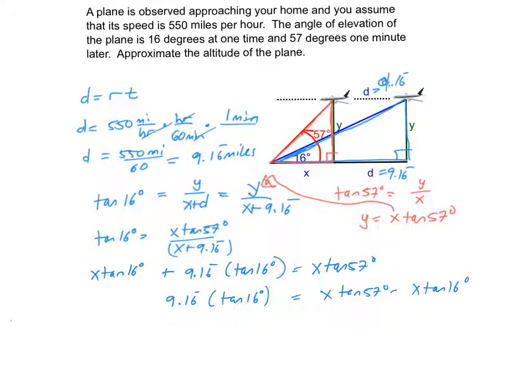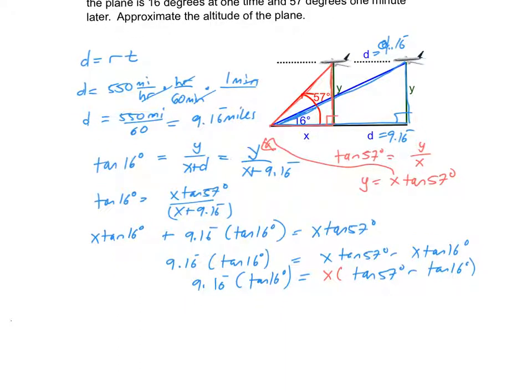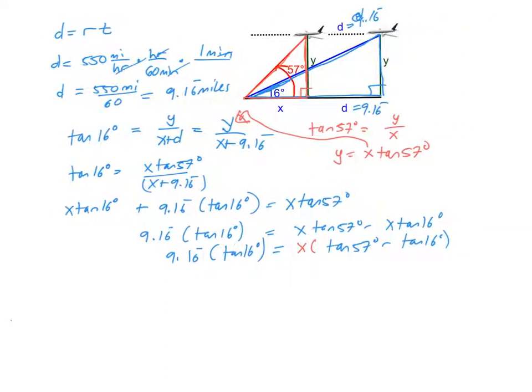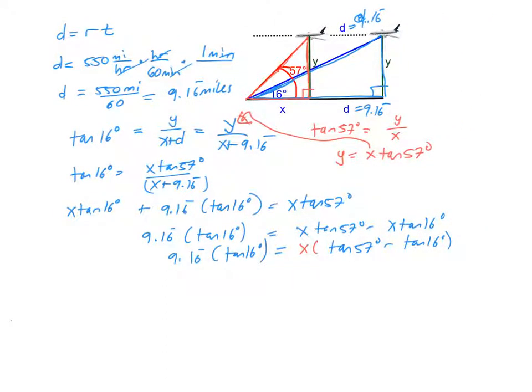In order to isolate x, I need to factor out the x, so that's going to be x times the quantity tangent 57 minus tangent 16 is equal to 9.16 repeating times tangent 16 degrees. And finally, to isolate x, divide both sides of the equation by tangent 57 minus tangent 16.